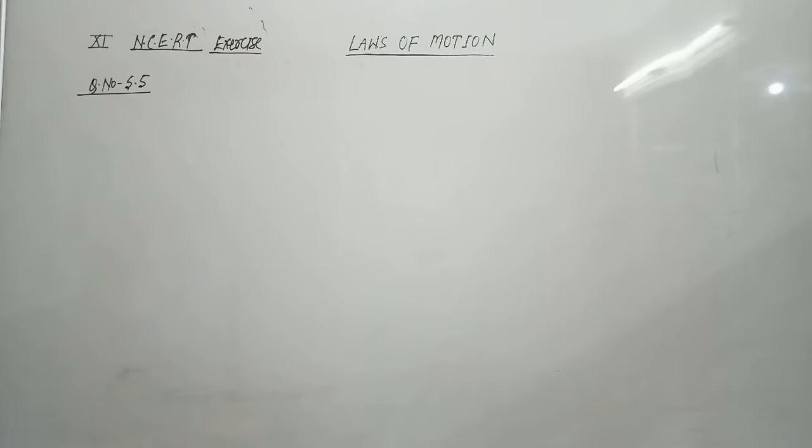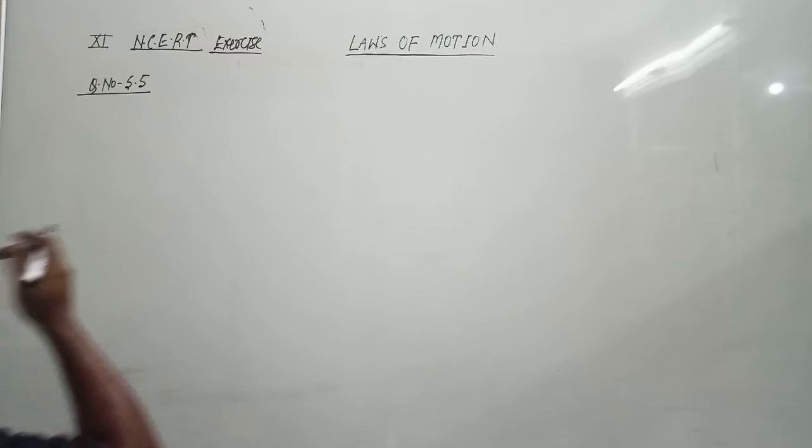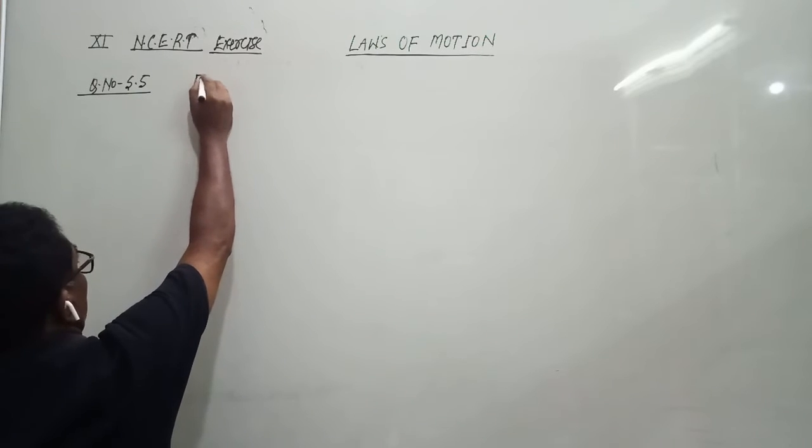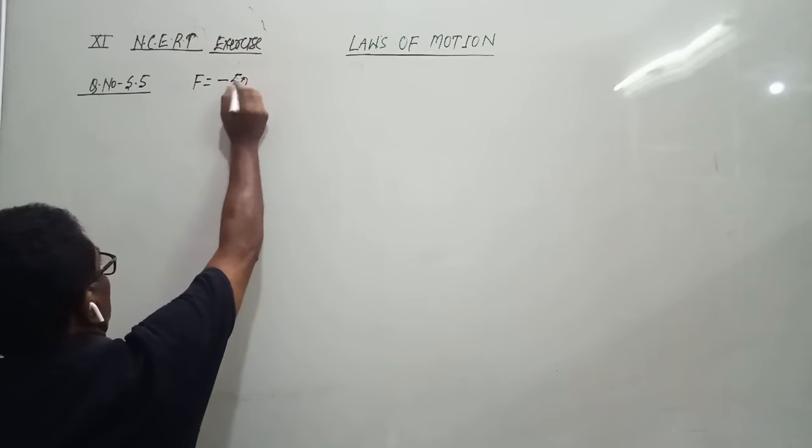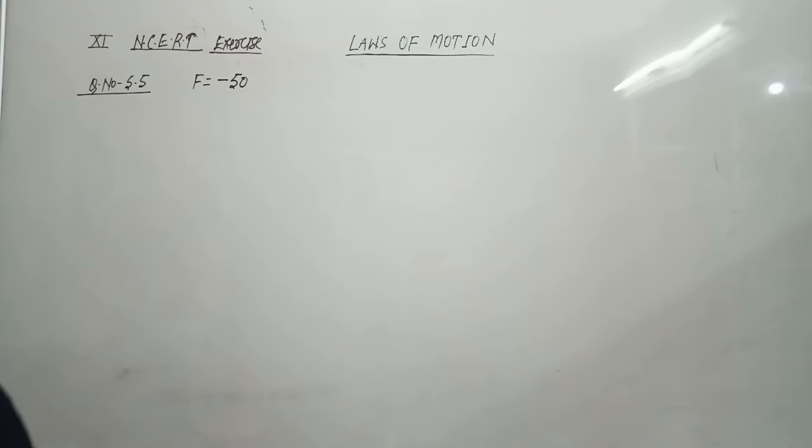There is a constant retarding force of 50 Newton. Retarding force is represented by a minus sign. The minus sign shows that the force is retarding.